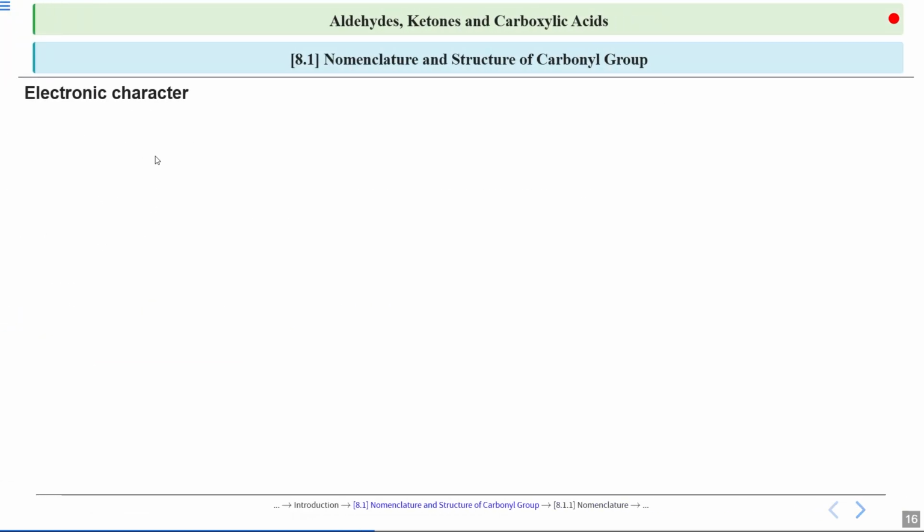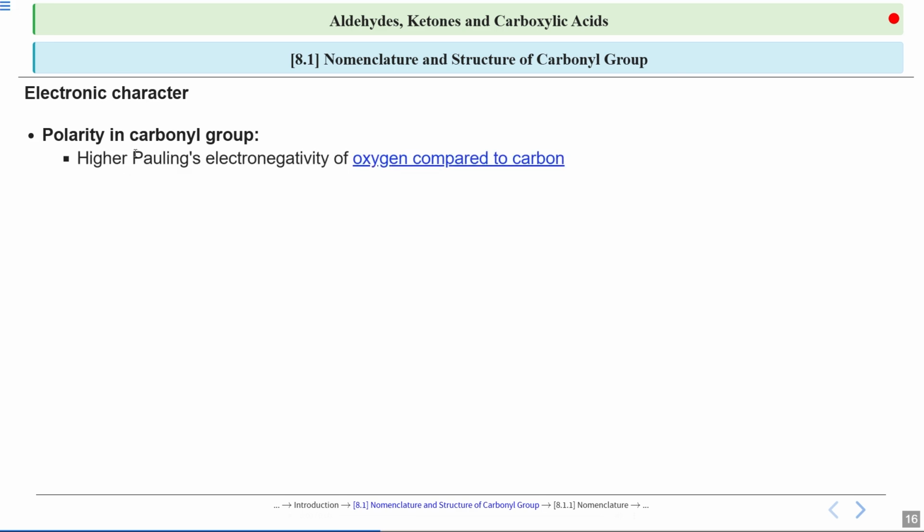Next we will talk about the electronic character. First we'll talk about the polarity in the carbonyl group, which arises from the higher Pauling electronegativity of oxygen compared to carbon. In a carbonyl group, carbon is double bonded to oxygen, and oxygen is more electronegative than carbon.